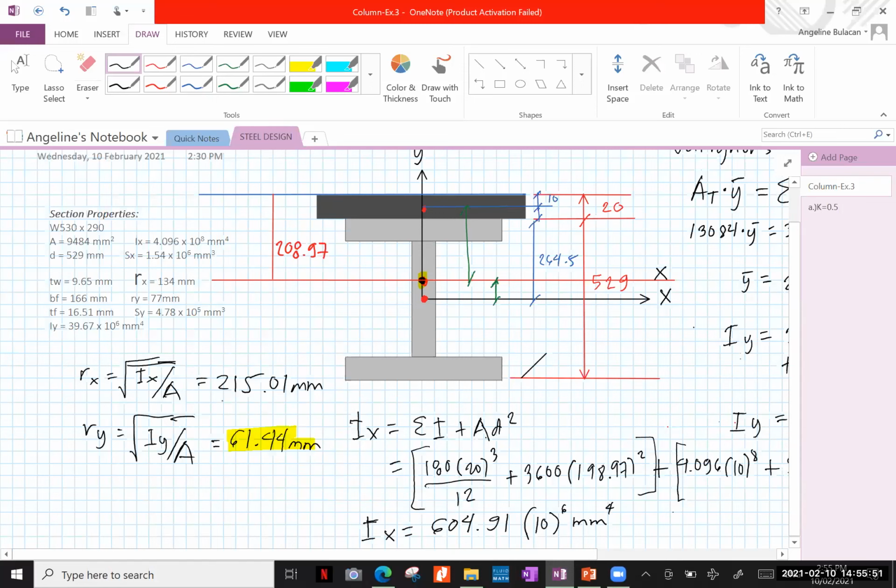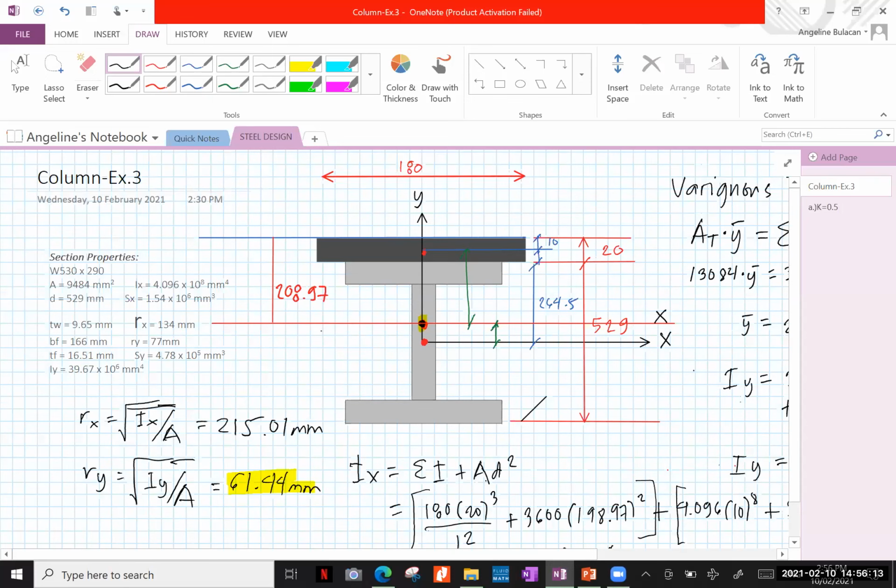The smaller the denominator, mas mataas yung value. So, there are cases na kailangan natin isolve yung LE over Rx saka LE over Ry. Kasi hindi ibig sabihin na mas maliit yung Ry mo is mas malaki yung makukuhang value. So, I will be showing you that sa next problem natin.